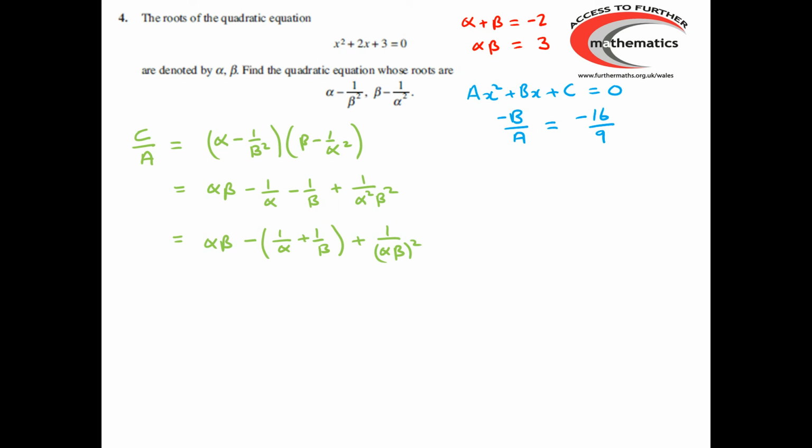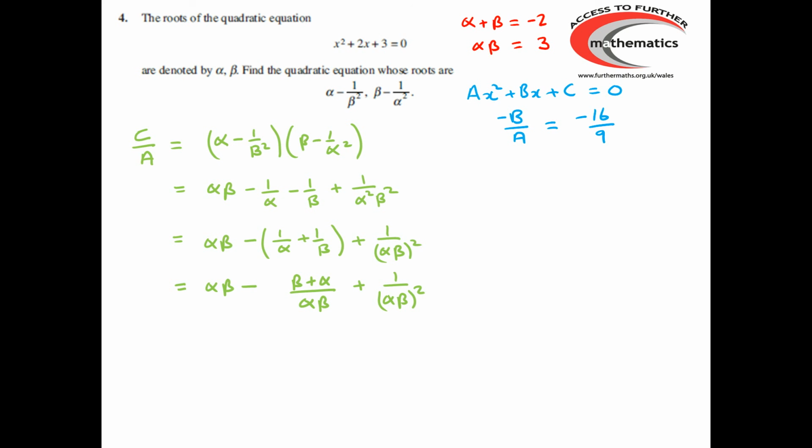We can deal happily with alpha beta. We can deal happily with 1 over alpha beta squared. We've just got a little bit of work to do to work out the value of 1 over alpha plus 1 over beta. And again, we just need to do that by putting a common denominator into play. So that's the same thing as alpha beta, take away beta plus alpha over alpha beta, plus 1 over alpha beta, all squared.